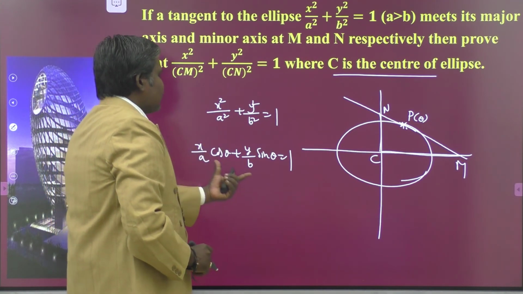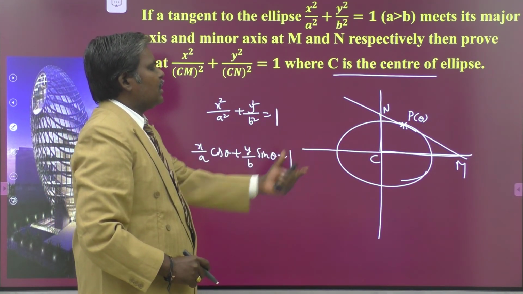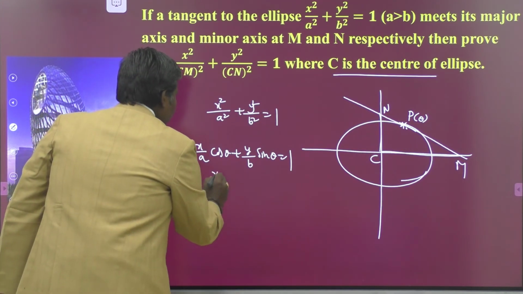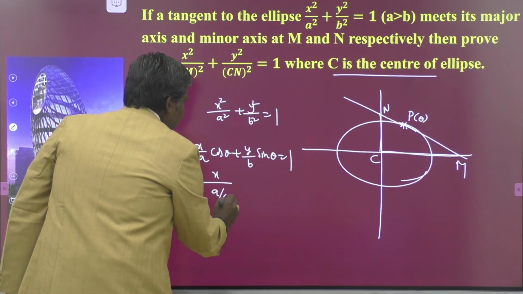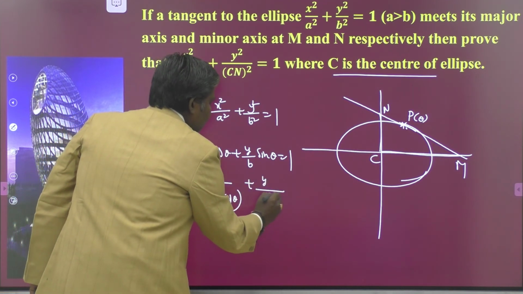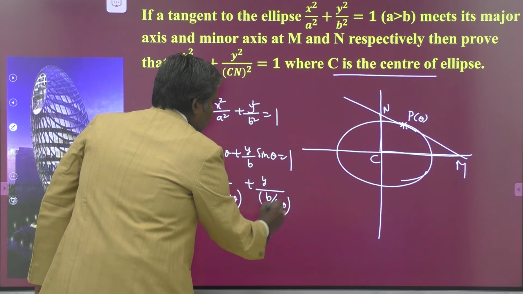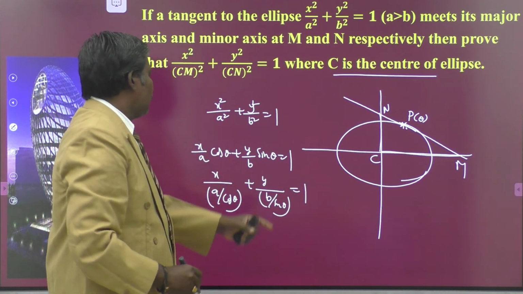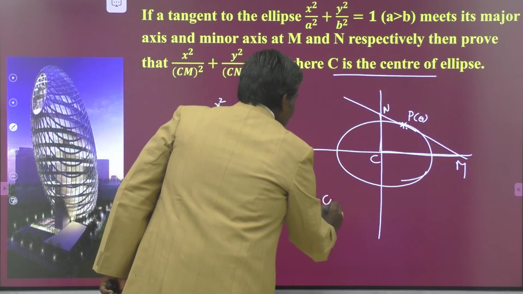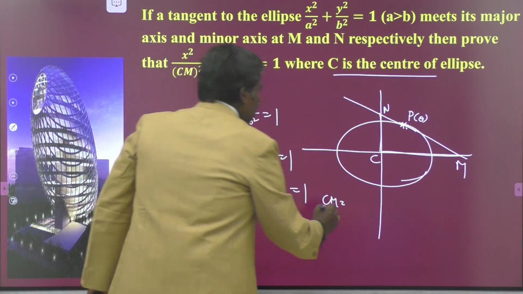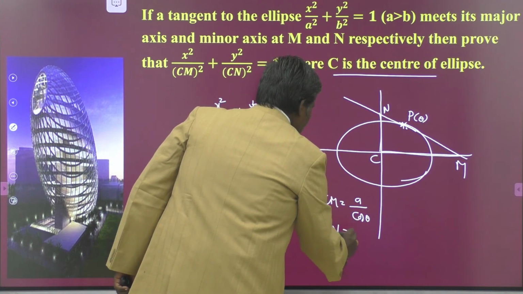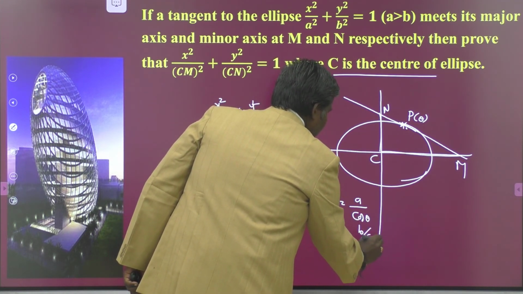Now, if you write this equation in the intercept form, you can obtain the CM and CN lengths easily. So x/(a/cos θ) + y/(b/sin θ) = 1. From that, this is the x-intercept, which means CM. CM = a/cos θ and CN = b/sin θ.